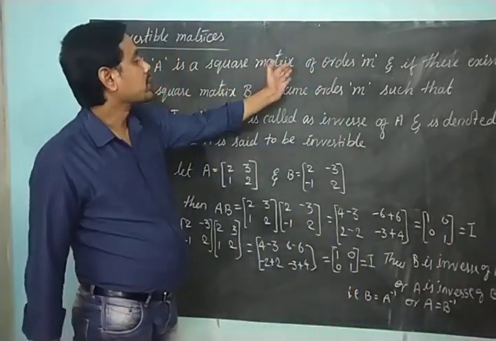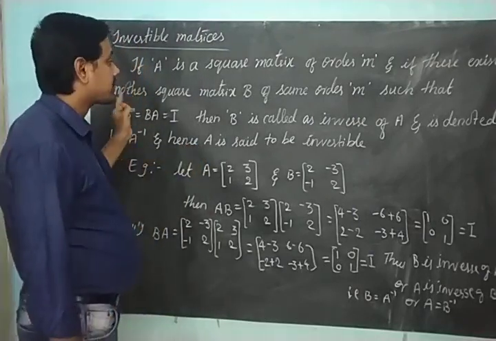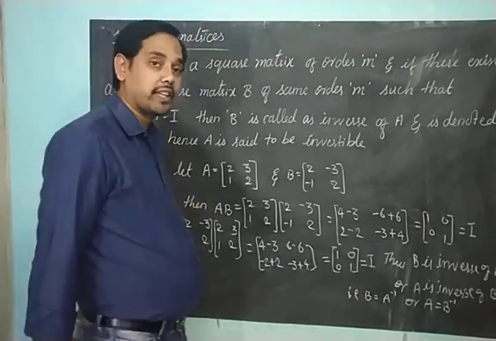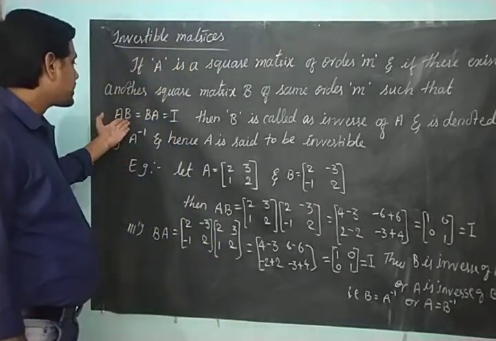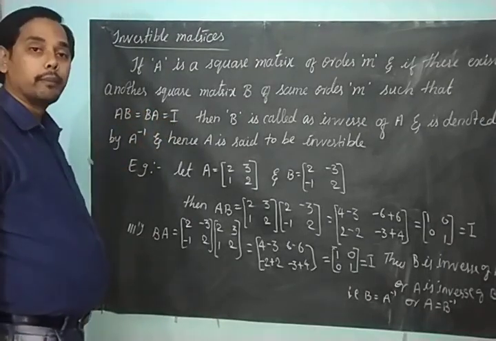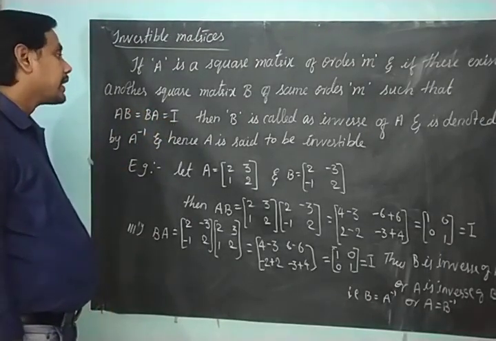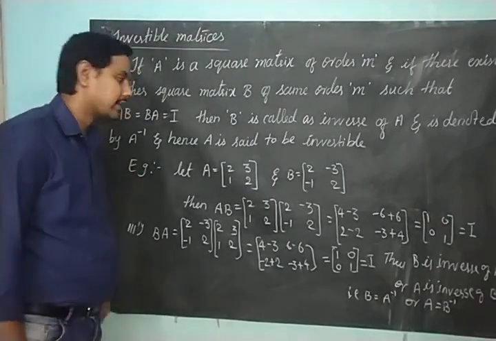So if A is a square matrix of order m, and there is another square matrix B of the same order m, such that A into B is equal to B into A is equal to I, then B is called the inverse of A and is denoted by A inverse.